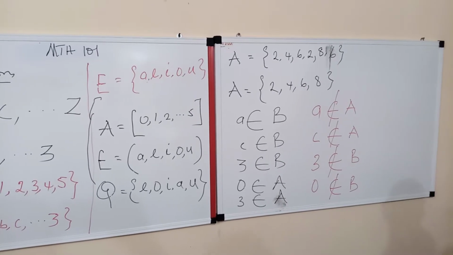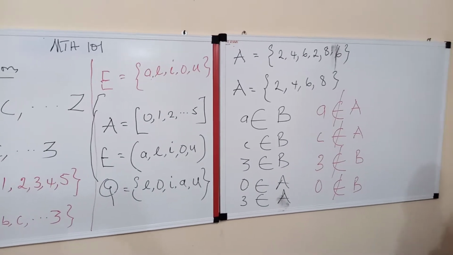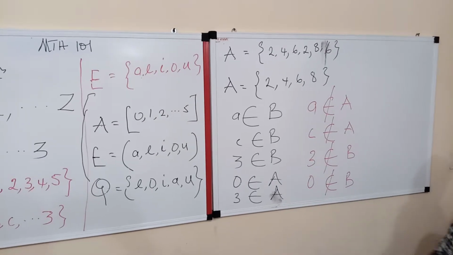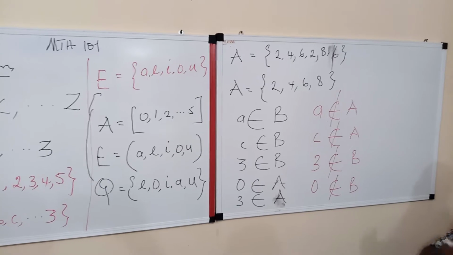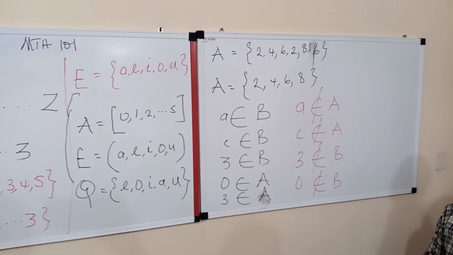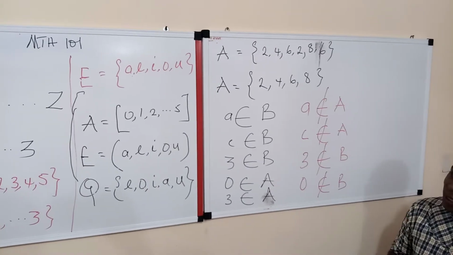I want us to concentrate on a set, say Q. Let it be a collection of all negative numbers less than 5.